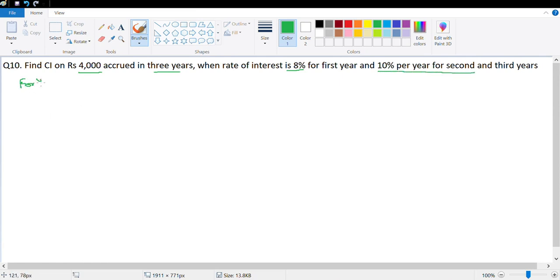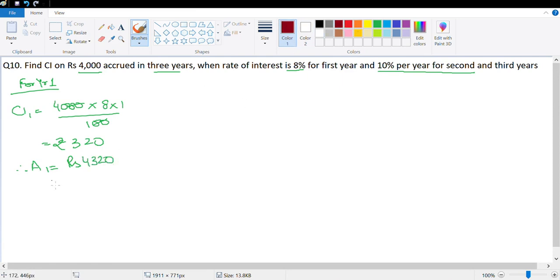So for year 1, compound interest for year 1 will be principal multiplied with rate, that's 8 upon 100. That's equal to rupees 320. Therefore, amount at the end of 1 year will be rupees 4,320. Let's do this calculation for year 2.